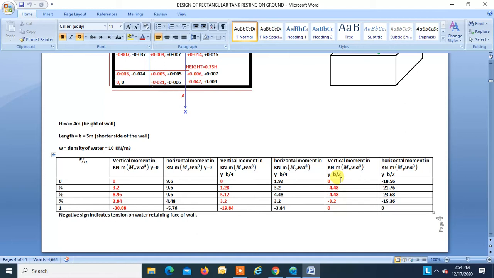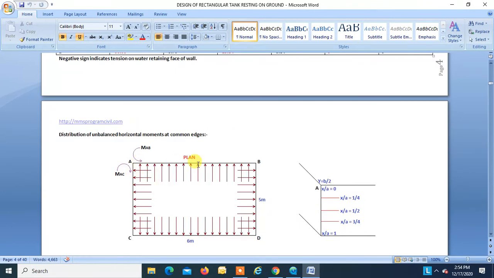Now as our tank is rectangular, MAB will not be equal to MAC. So let us take joint A. For the long wall, y equal to 0 is at the center, y equal to b by 4 is at the midspan, and the end over here is y equal to b by 2.